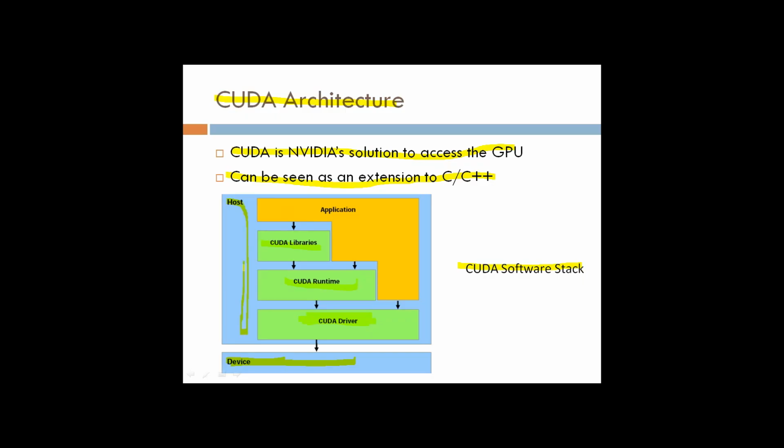Host and device are connected through the PCIe slot, and our applications run basically on top of this CUDA in the host environment, right? Our program will execute in the host environment, and we can send commands to the GPU for parallel computing.